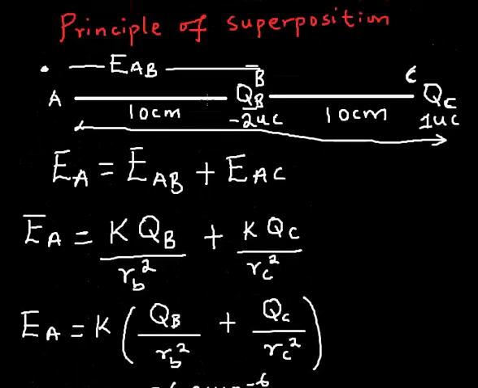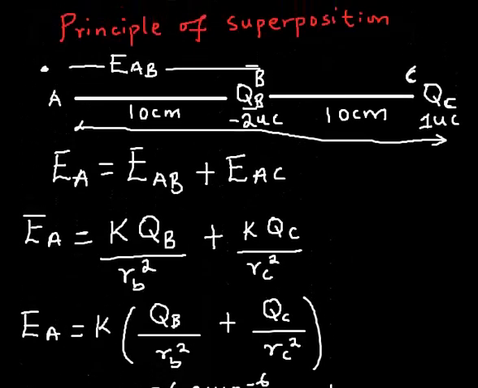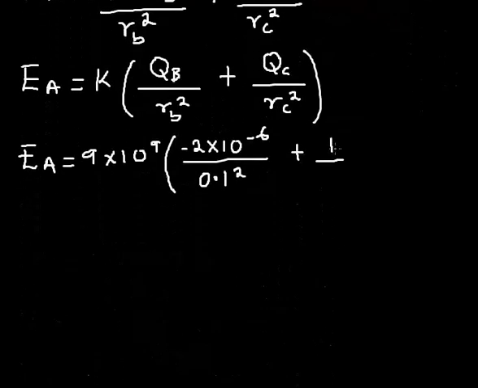The distance from A to B is 10 cm, and that's 0.1 square. Then plus QC is 1 microcoulomb divided by that distance. The distance from C to A, 10 plus 10, is 20 cm. So I'm having 1 times 10 raised to the power of minus 6, divided by 0.2 square.